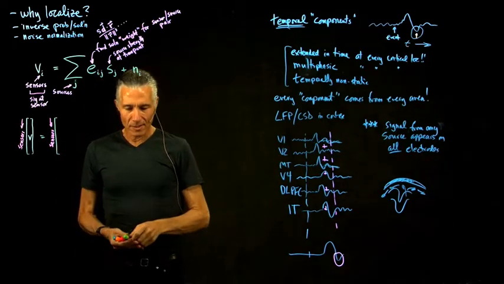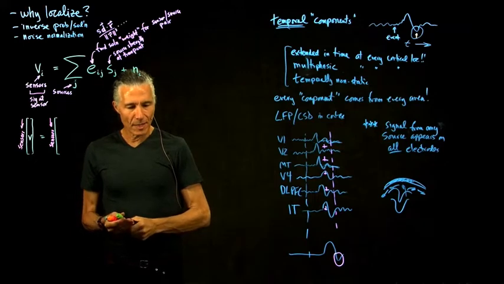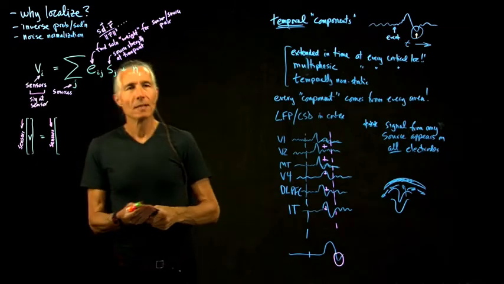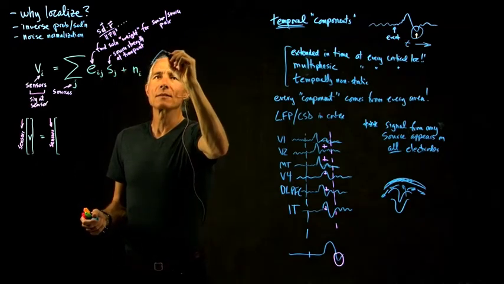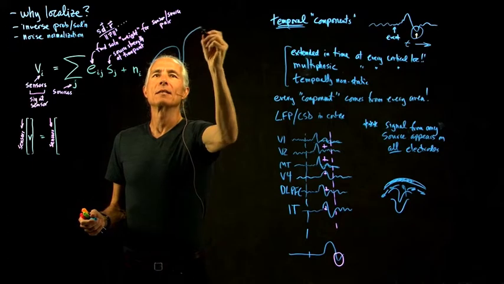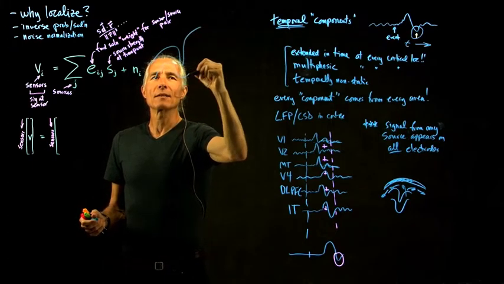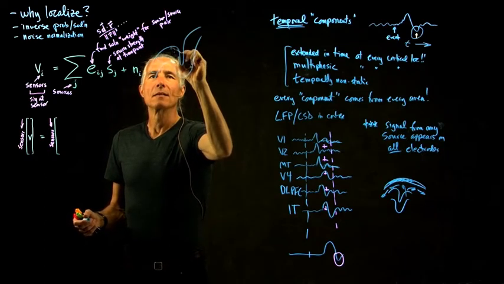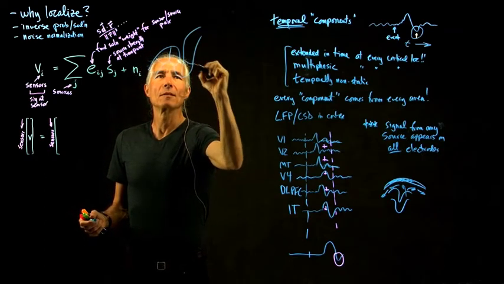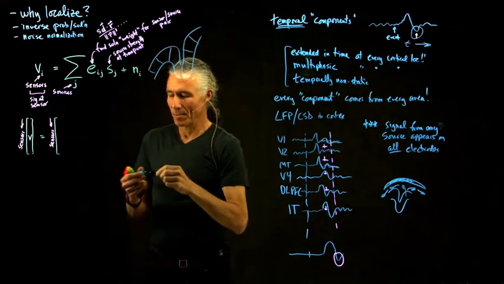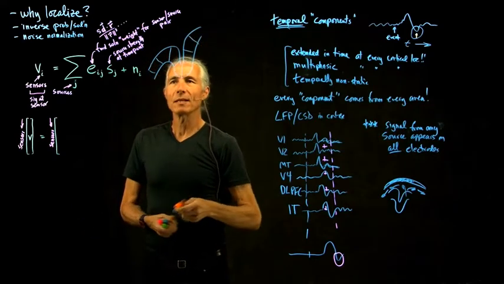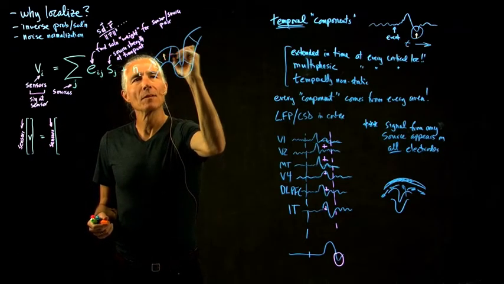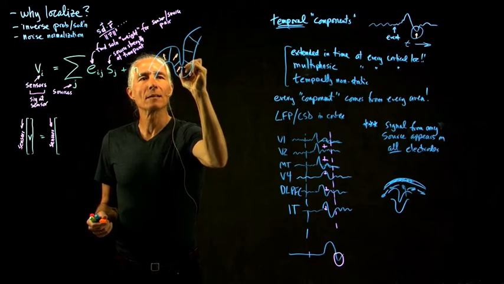So why is it long that way? Well, it's long because we are thinking of our sources as basically, we reconstruct the cortex, and then we divide the cortex up into a whole bunch of little patches, like a couple thousand patches, and at each patch there's the possibility of a dipole, and the direction is going to be perpendicular.